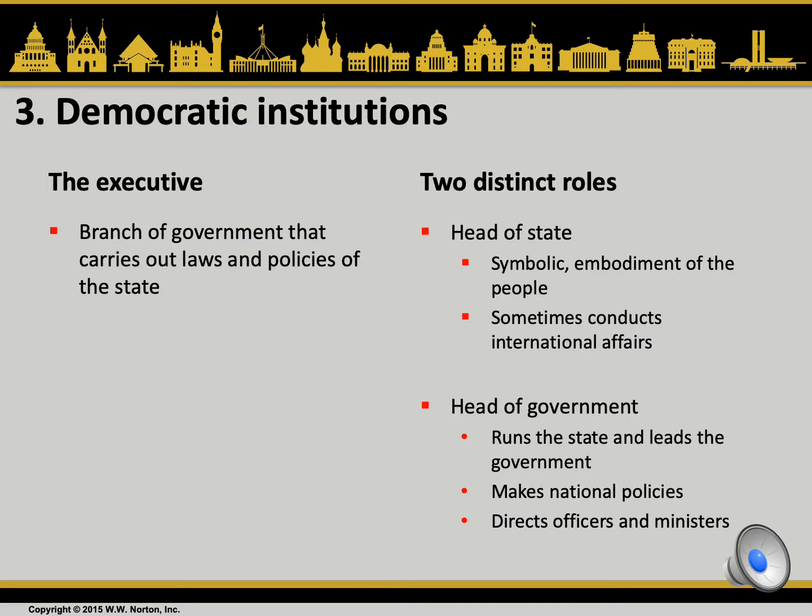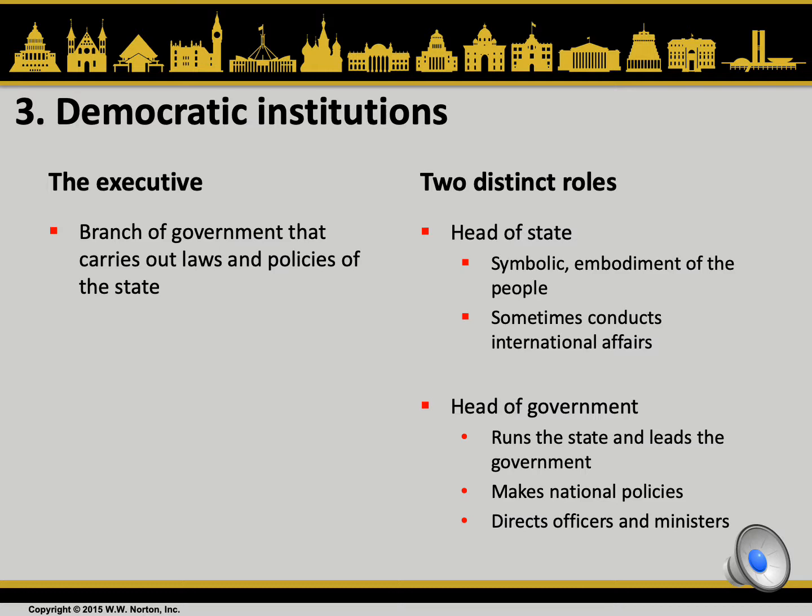The executive branch typically administers the state, controls, carries out the laws and policies. There are two distinct roles within the executive branch, and not necessarily are performed by two distinct individuals. The head of state is the symbolic embodiment of the people, conducts international affairs.